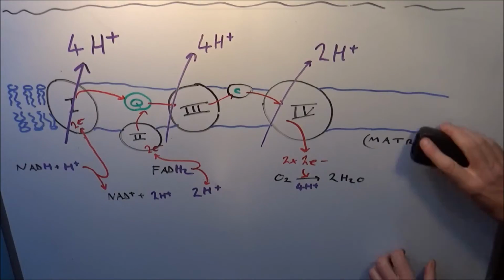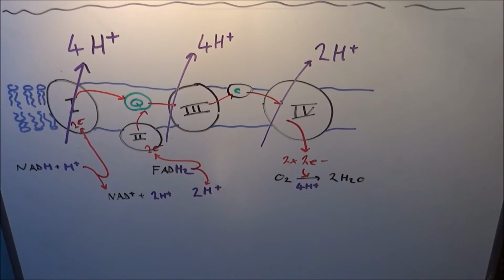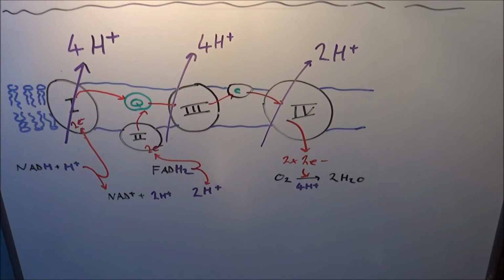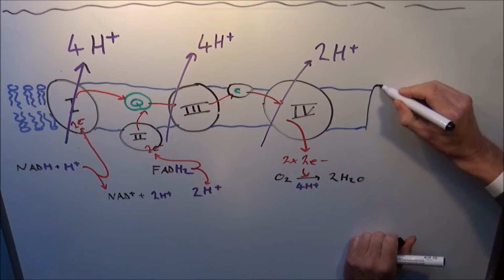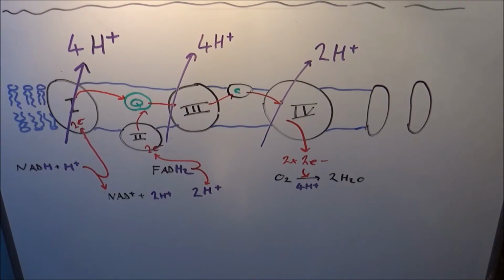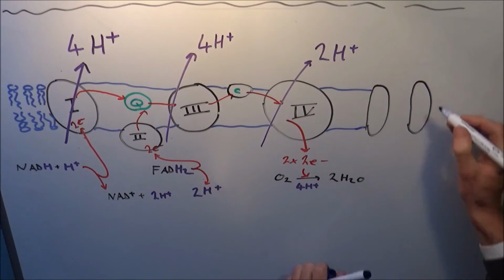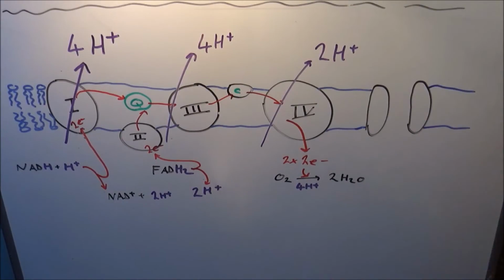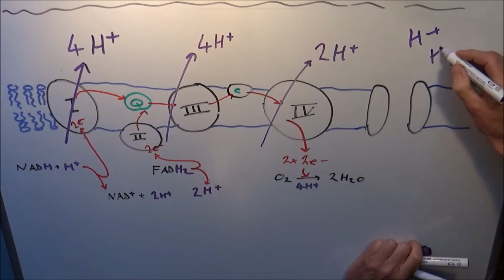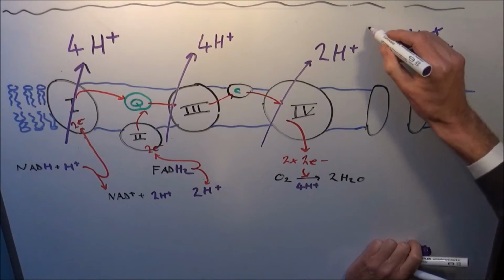Okay, so I can put one of these proton channels in the membrane. There are lots of these on the inner mitochondrial membrane, so there is the proton channel, and I better show that we've got lots of H pluses on this side because they've been transported across.